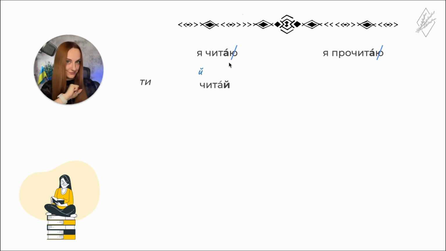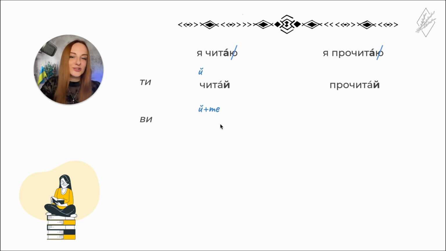Читай. How will we say read in perfective? Прочитай. If we need to say it to a group of people, so you plural, or if it is formal you, ви, then in addition to our yod, we need to add the ending те. Читайте, прочитайте.